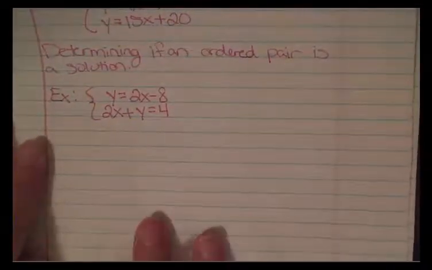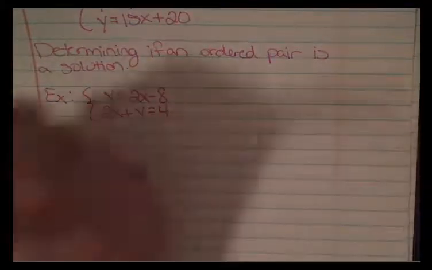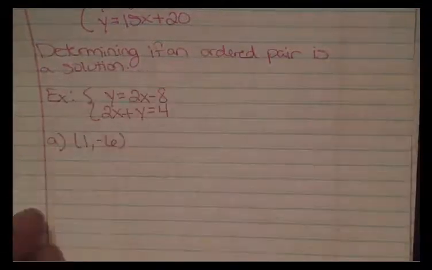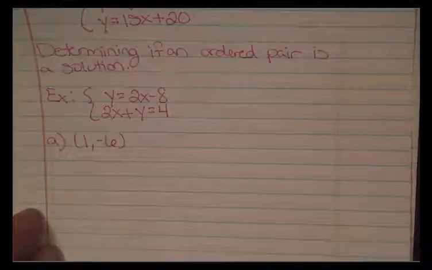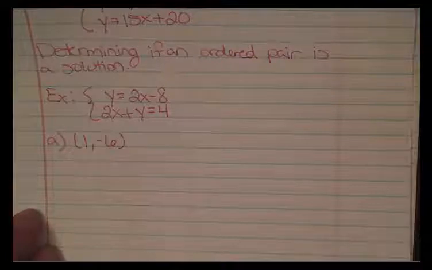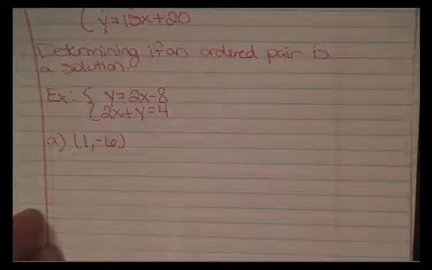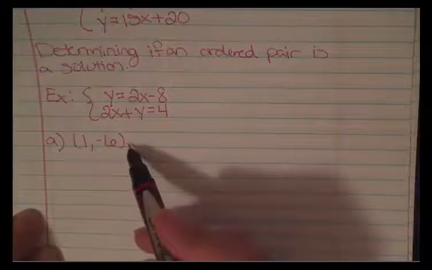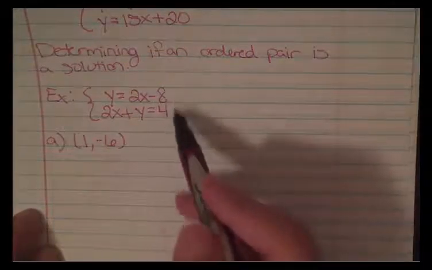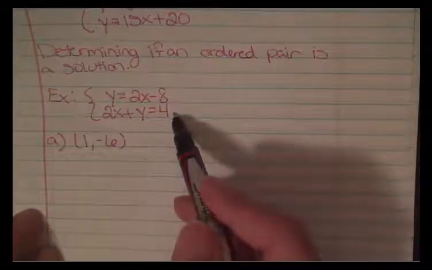So there's our system of equations. They will also give you a point that they want to know whether or not is a solution. So we have the point 1, negative 6. What you're going to do for these problems is take whatever point they give you and plug it into both equations and see if it's a valid solution.